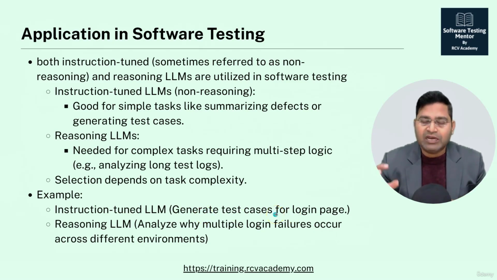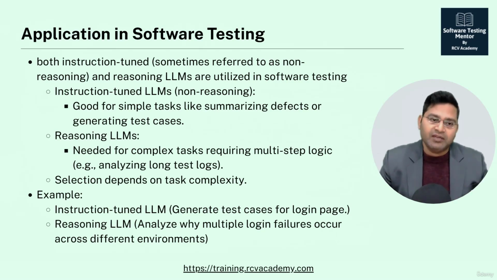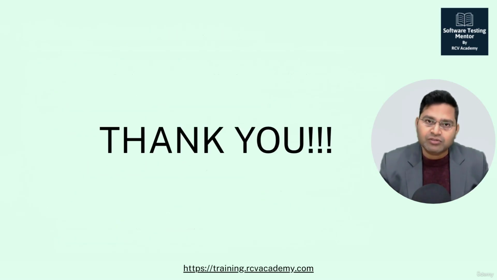If you have instruction tuned the model for a specific testing task, such as creating the test plan or test cases, then those LLMs will be really good in that space. If you want to analyze multiple login failures or the reasons for the failure, root cause analysis, then a reasoning large language model will be really helpful because it has enhanced capabilities for understanding the overall picture in the code and in the failure. So these are the applications in software testing.